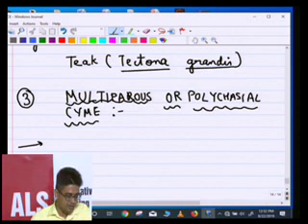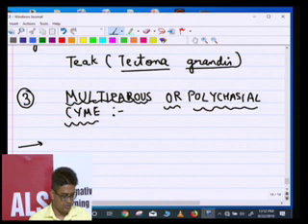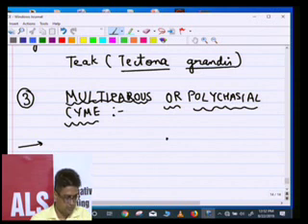Multiparous or polychasial cyme, you can guess how it is going to happen. I'll draw the diagram. The oldest flower is here.